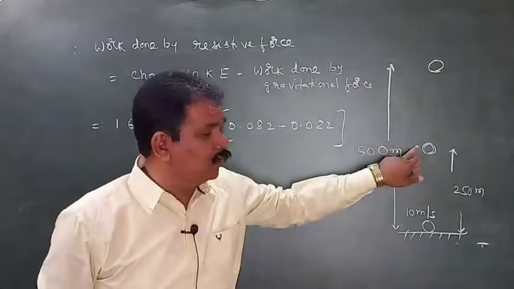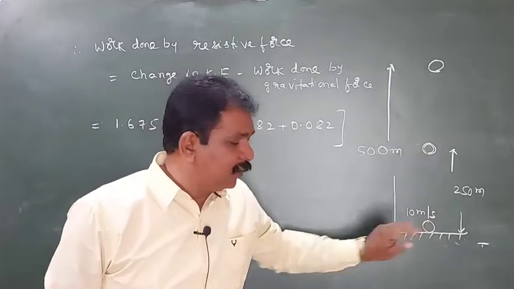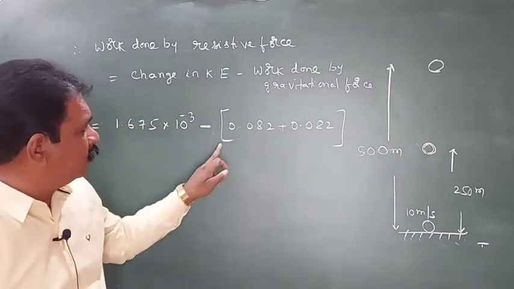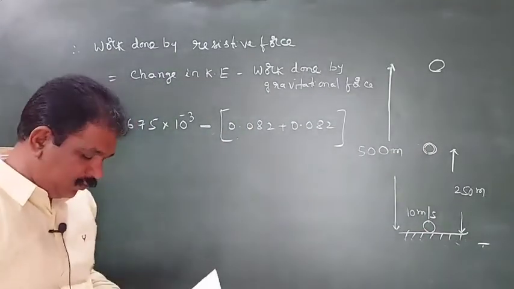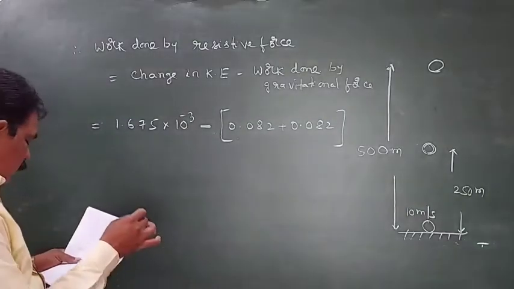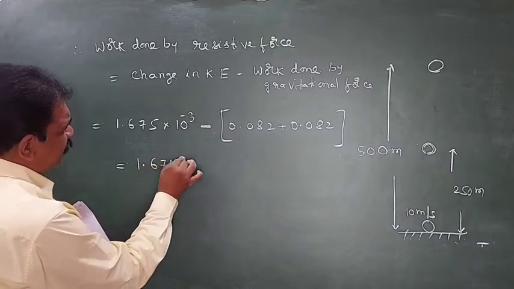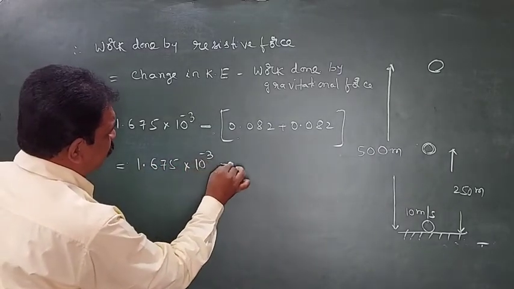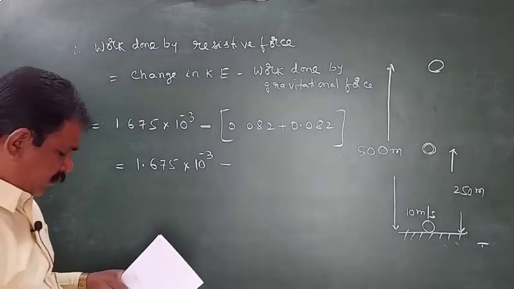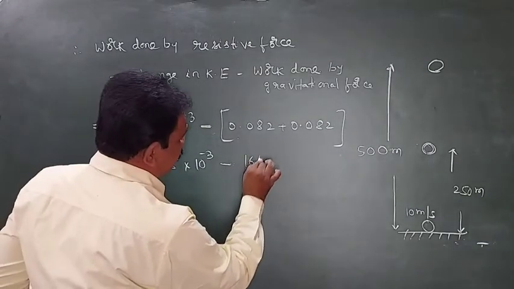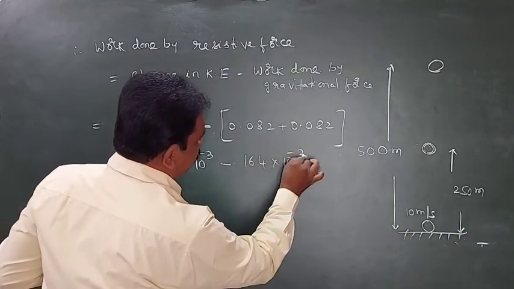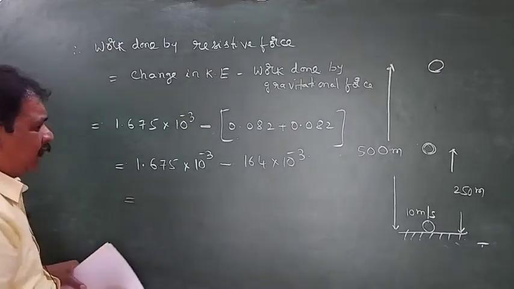Here 0.082, and here 0.082. So if we do this, this is 1.675 into 10 power minus 3. We will write this like this, 164 into 10 power minus 3.